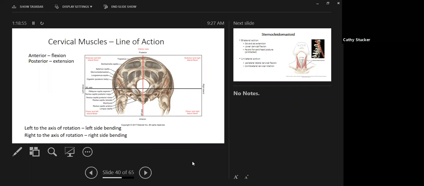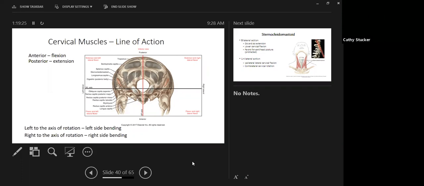The grid, just to orient you, because I love these grids, you're going to see them for every single body joint that we look at, so I just might as well get you oriented. So if you look at the grid, the red line down the middle is the AP axis. The black line going across is the medial lateral axis. If something is anterior to the medial lateral axis, it's going to cause flexion.